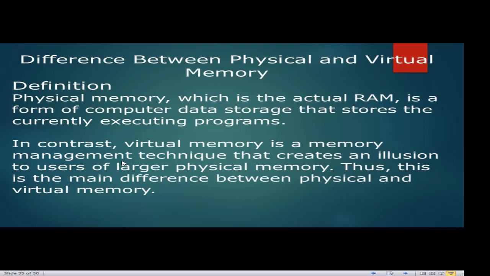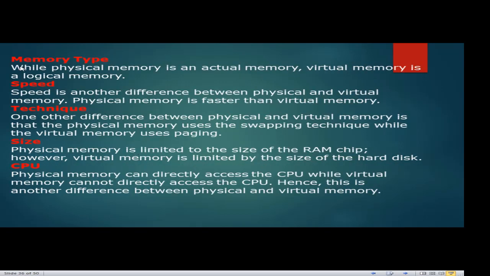So you are trying to make an instance object of a variable in order to hold a particular data. As for memory type, while physical memory is actual memory, virtual memory is logical memory. That is the difference between the physical and the virtual.